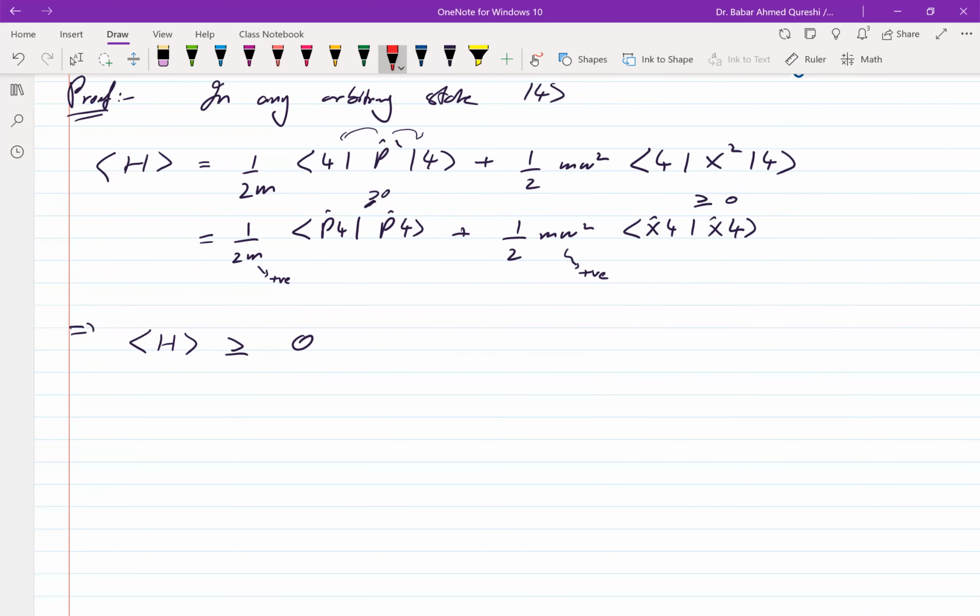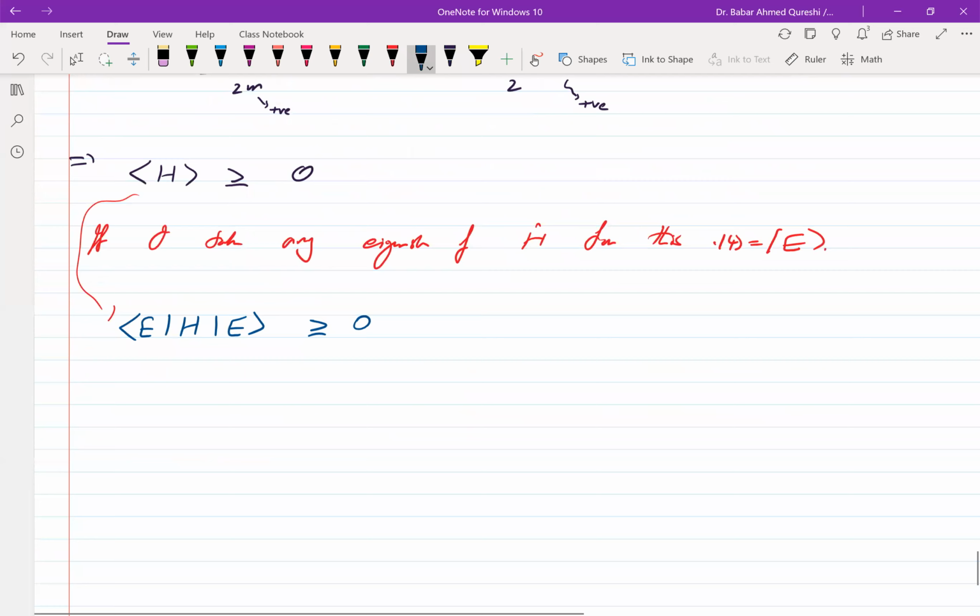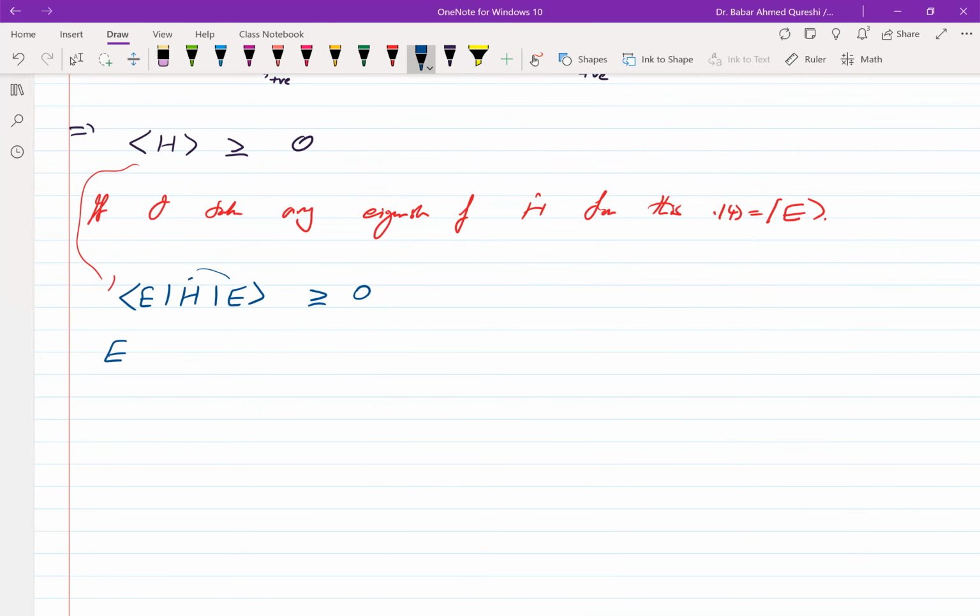Now this result is true for any state. If I take any eigenstate of H for this computation, let's say E, psi is chosen to be an eigenstate, then this result tells me that this is greater than 0, but this is an eigenstate, so it picks out E. This is positive, again by the same argument, so E is greater than or equal to 0.